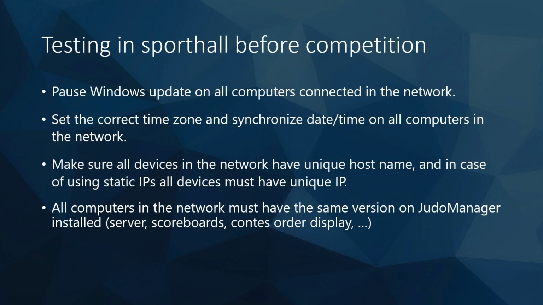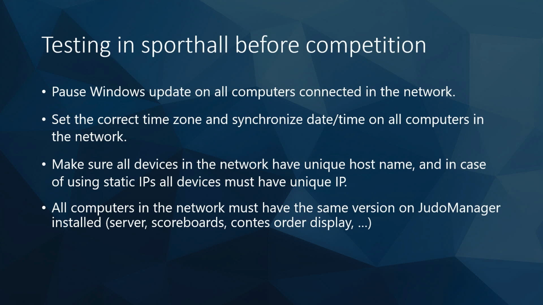So there are a few things that we put in red in the checklist. It's important to pause Windows updates in all computers, because if Windows updates start in the middle of competition, then it takes some time for them to finish, and there's not much you can do. So this is one really good thing.